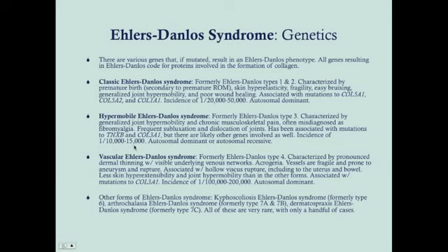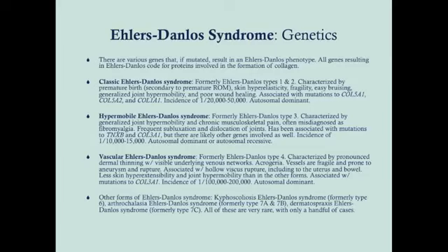Vascular Ehlers Danlos syndrome is an important differential because this confers a different prognosis. This is formerly called Ehlers Danlos type 4, and this is characterized by a pronounced dermal thinning with a very visible underlying venous network, acrogeria, which is sort of an aged appearance of the hands. And importantly, the vessels are fragile and they're prone to aneurysm and rupture.